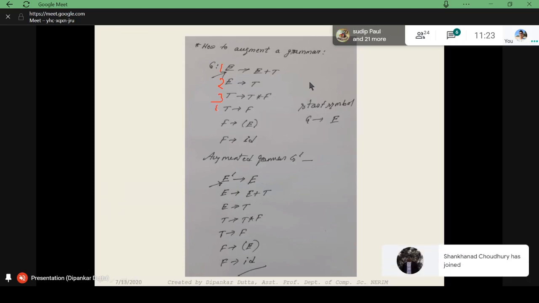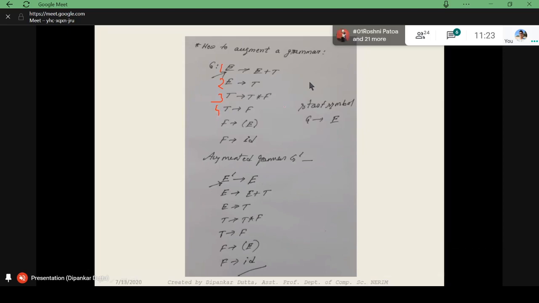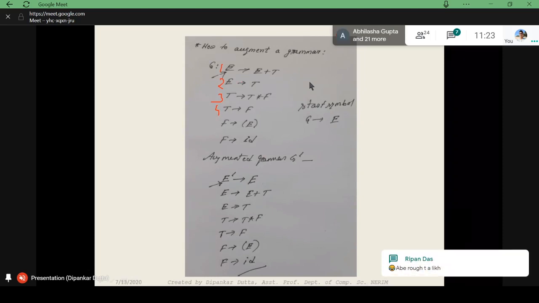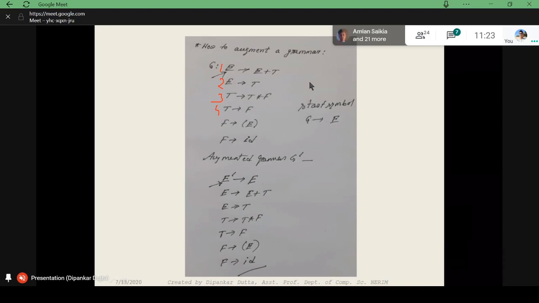Don't write it plainly. Write capital Z, then step number 1, E implies E plus T. Number 2, E implies capital T. Number 3, E implies T star F.